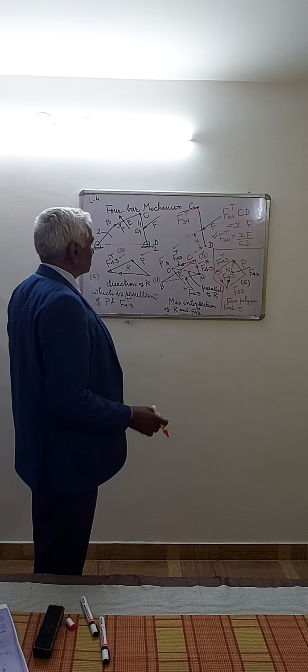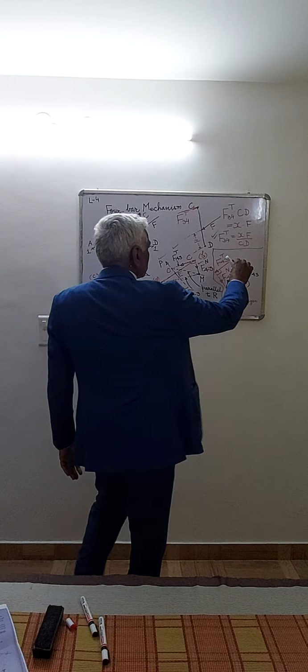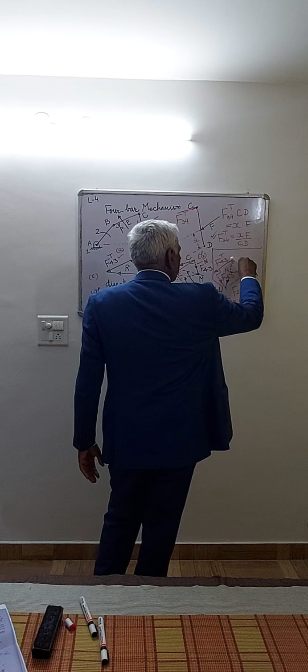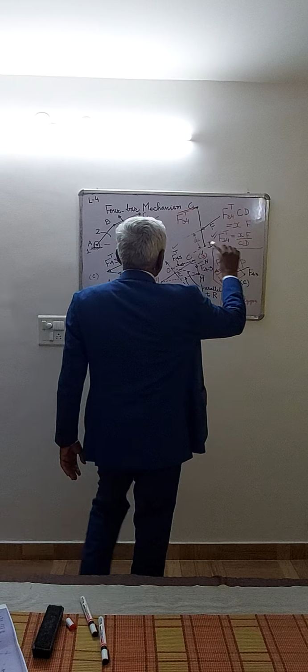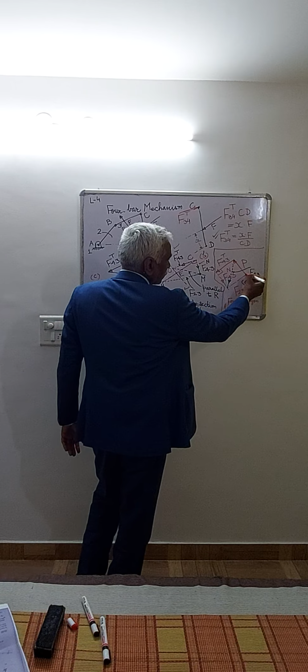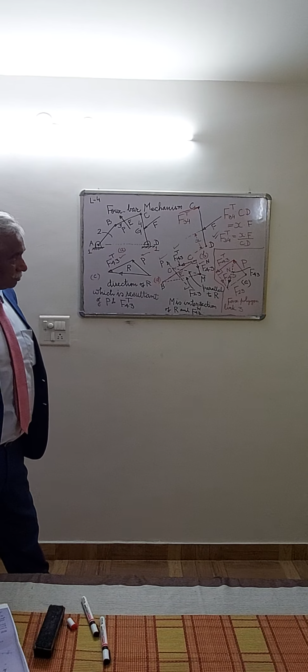So how to draw it? First, on the plane of the paper, draw a force P in direction and magnitude. It is given in direction and magnitude. It can be drawn with the help of some scale.